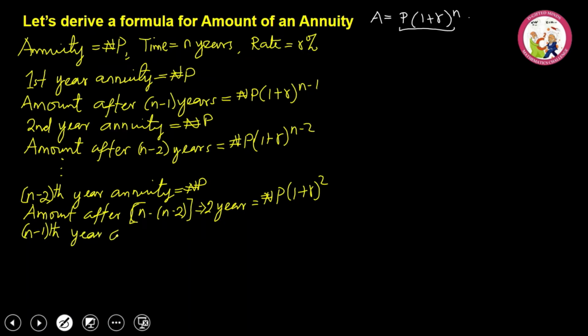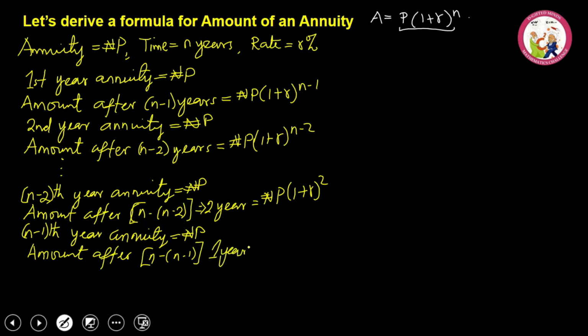Okay, and also the annuity received at the end of n minus 1 year is still going to be equal to P naira, so that you invest that same annuity and receive an amount after n minus (n minus 1) years, which is just 1 year, and that amount will be equal to P times 1 plus R raised to power 1.